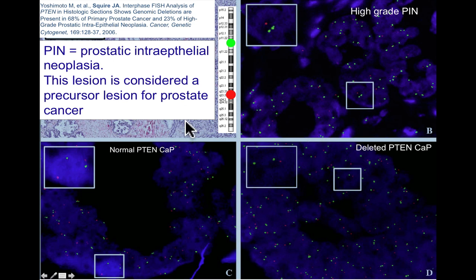In our first use of the assay, we did a 2-color FISH assay with a commercial probe, and we found that in some of the cancers in this study we saw normal PTEN. Other cancers had lost 1 copy of the gene, so instead of 2 red spots, they have just 1 red spot. You can see that here in comparison to this one. And interestingly, some of these high-grade PINs also had lost 1 copy of the gene, and you can see high-grade PIN here and here that just has one copy of the gene.